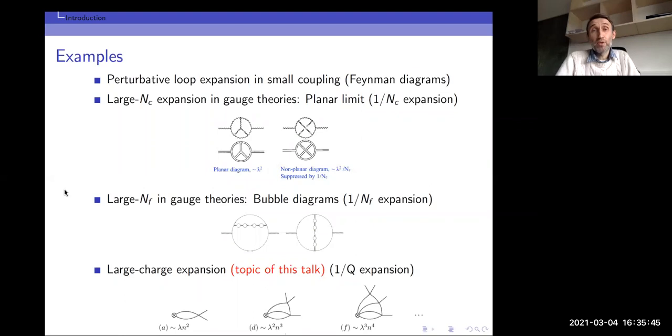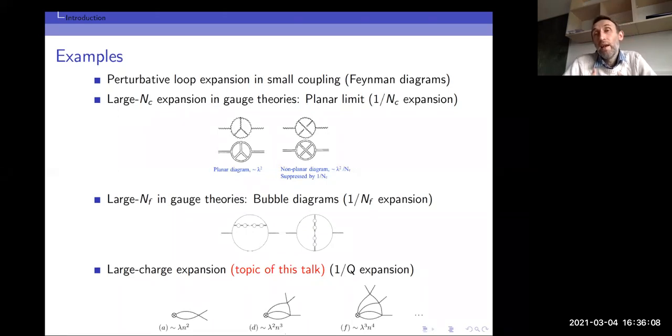There are a few other examples in a similar spirit. For example, in gauge theories, imagine you have an underlying SU(N_C) gauge theory, and N_C is the number of colors, like here you see this N_C parameter. And you can take this parameter to be large and define the so-called 1 over N_C expansion, the large color expansion, large number of colors.